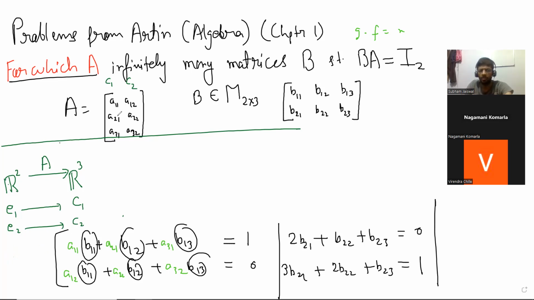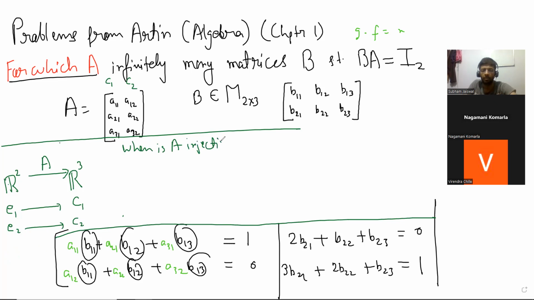But all the details we don't need to know very properly. I'll get to the point: when is A injective?